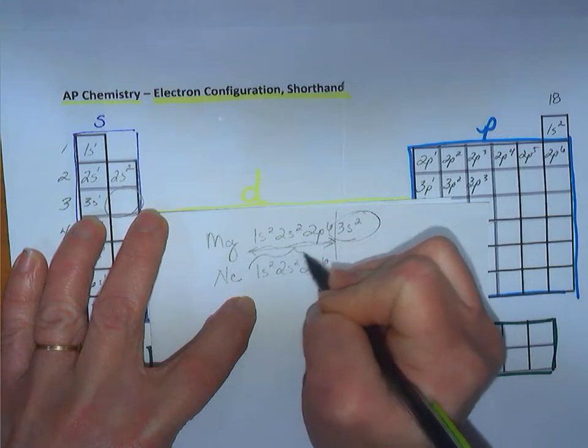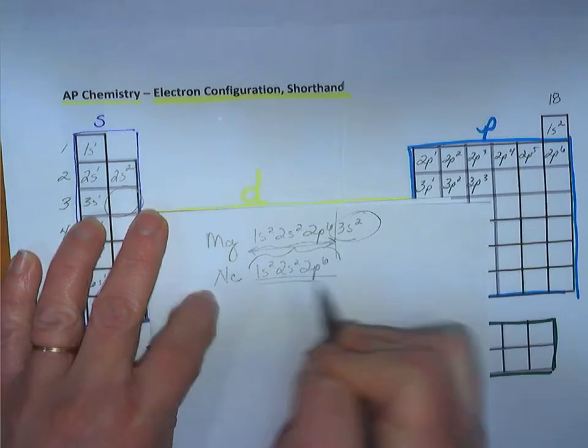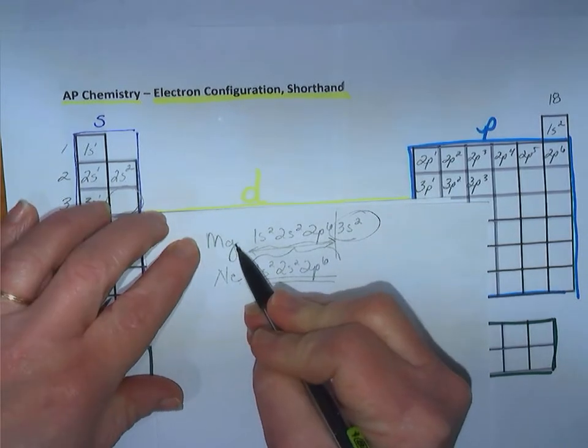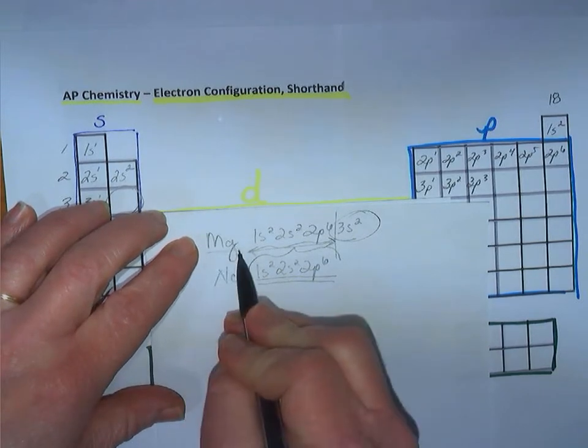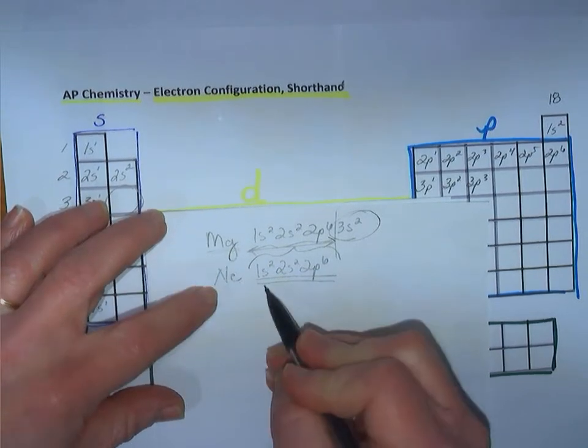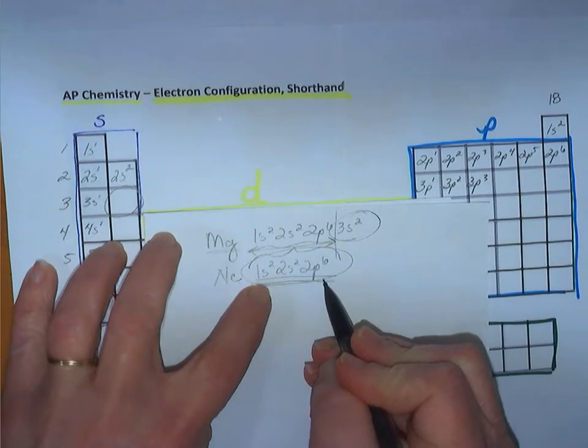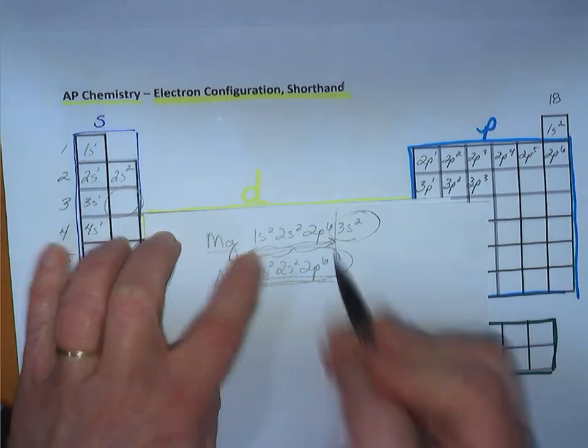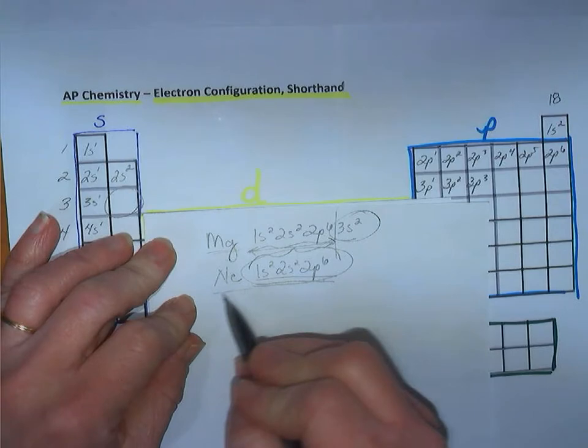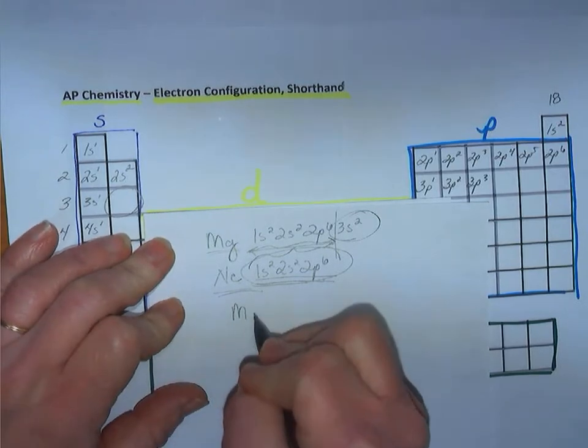Look at that. So, the noble gas in the period above this element, in the third period, has the configuration that is the inner core electrons. We can use that.